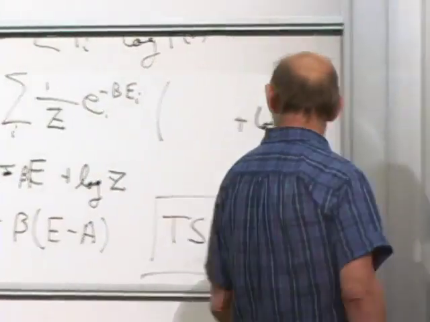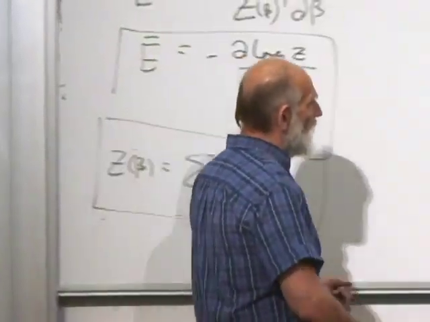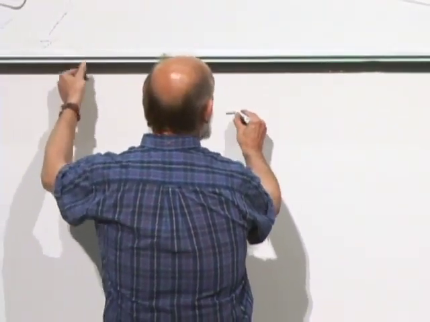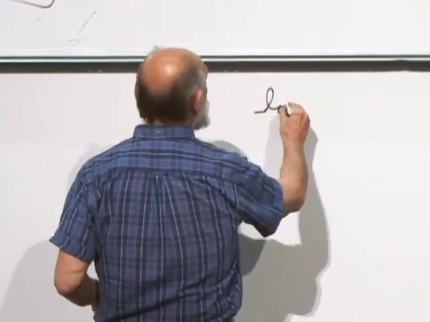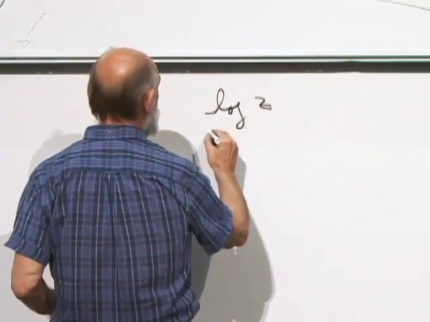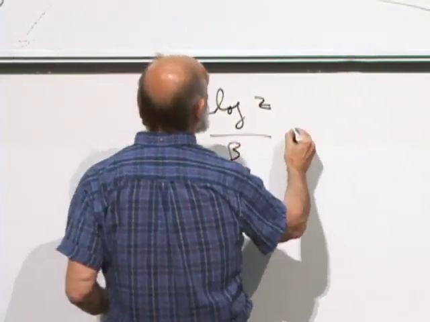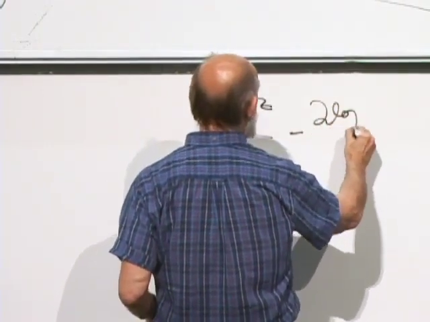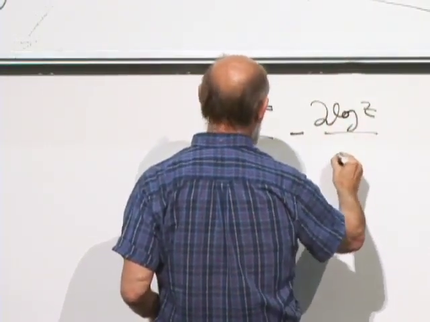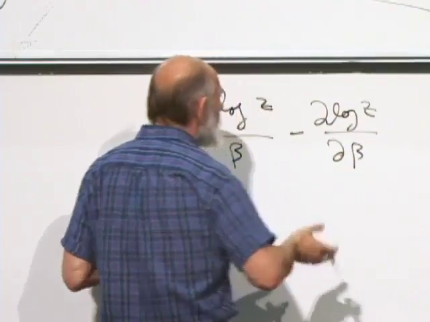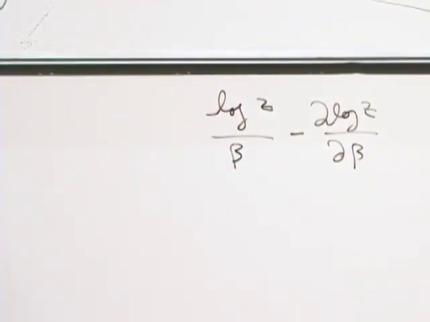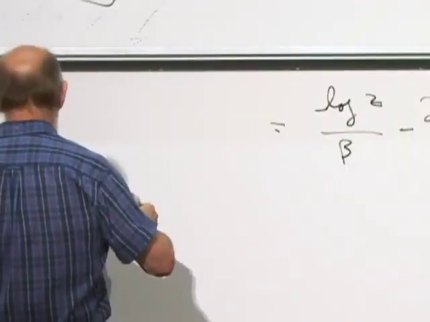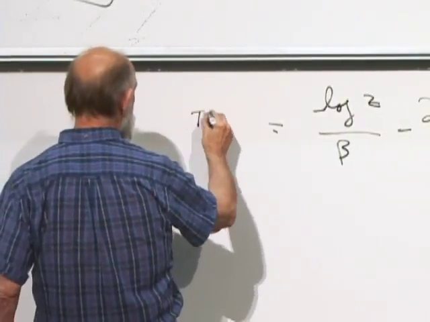Let's see what it is. We have to take E minus A. So E minus A is the logarithm of Z divided by beta minus the derivative of the log of Z with respect to beta. This is a formula for the entropy. I don't mean this is the definition of the entropy. E minus A is equal to TS.